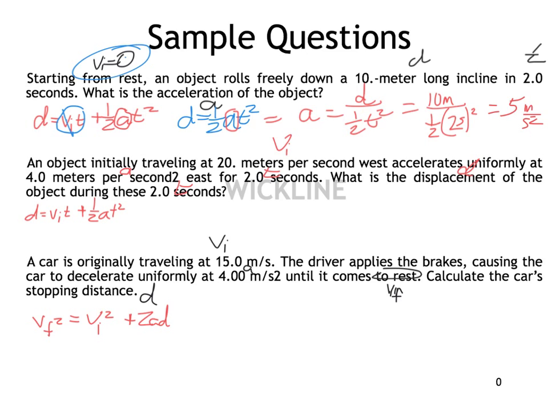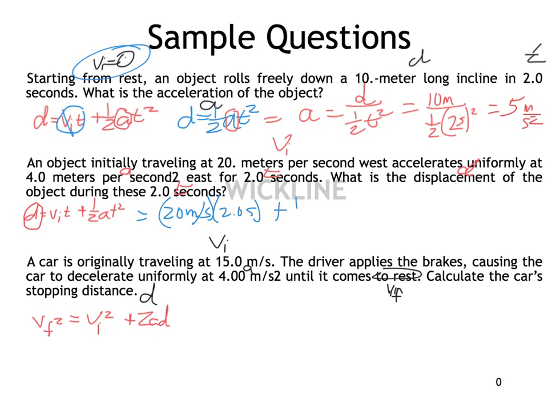All right, so next question. We are looking for the displacement. So it's that. We don't need to rearrange it. I'll just start plugging in variables. So let's see, VI is 20 meters per second, and T is 2 seconds.